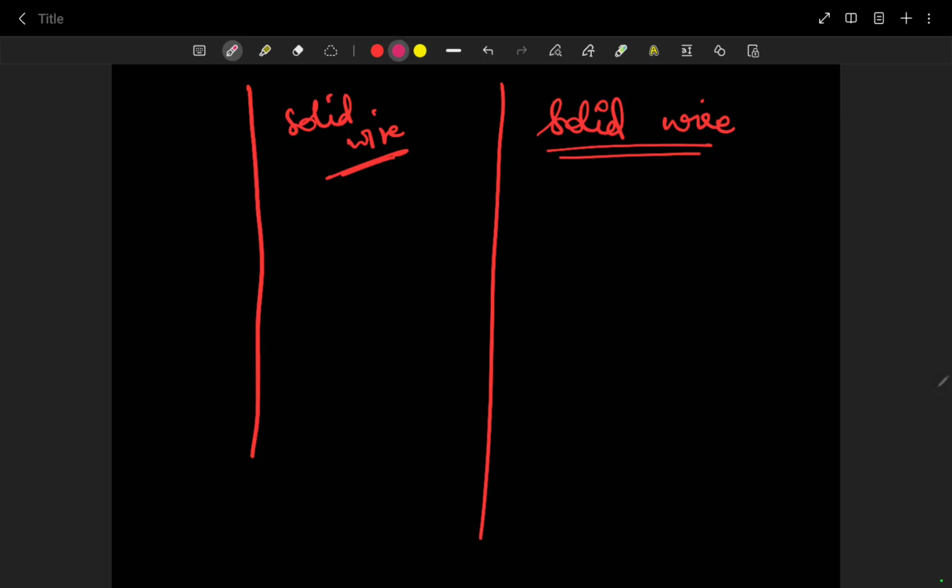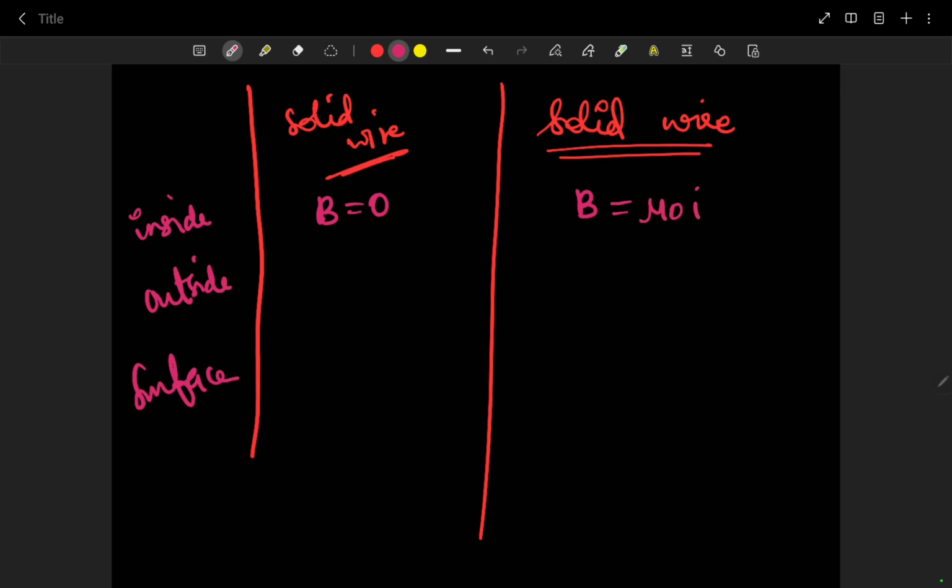For solid wire, we have three cases: inside, outside, and surface. The inside case for the hollow wire was 0, obviously, but here it changes.